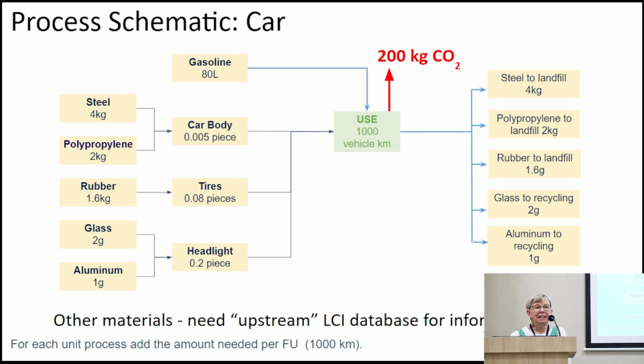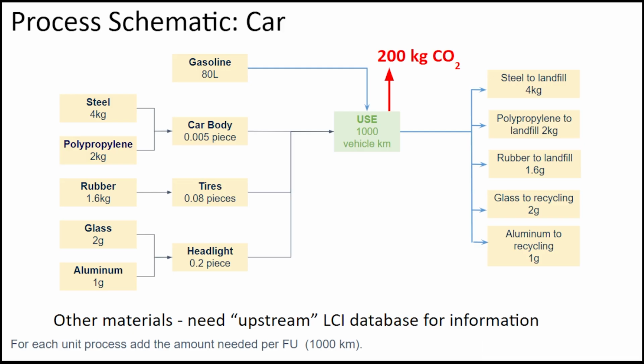So that's a really easy example to show you the kinds of things and the calculations you can do to start filling in some of the mass and energy flows and some of the early emissions. And then there's software to help us, which we're going to play around with a little bit, but I just wanted to share that with you.